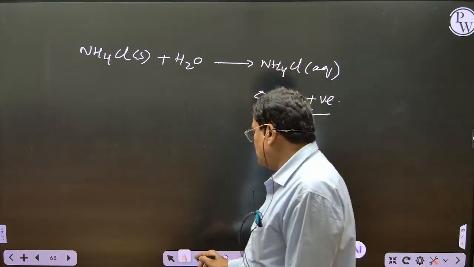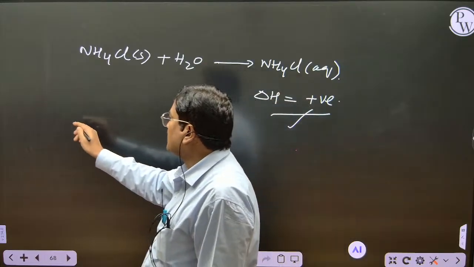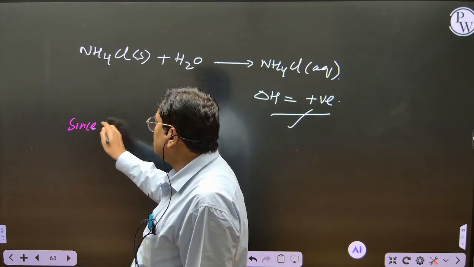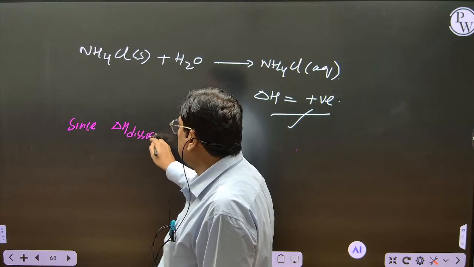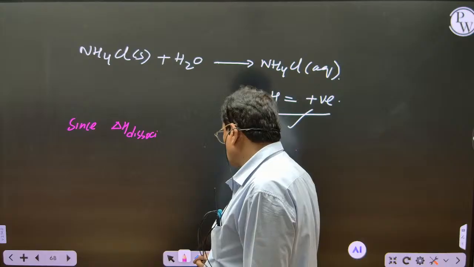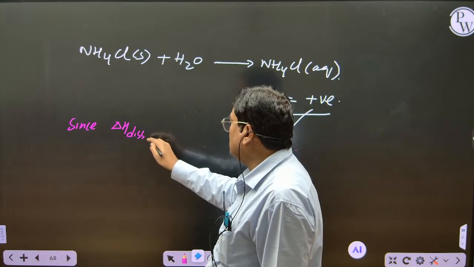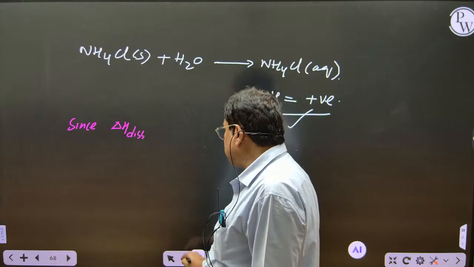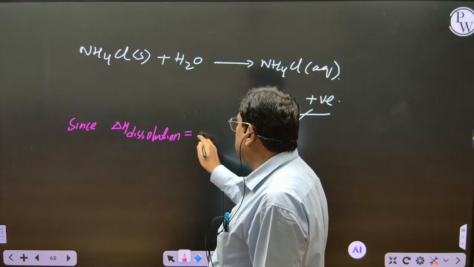So here make a note. Since the dissolution, since delta H, what is delta H? Enthalpy of dissolution is what process? Is it endothermic or exo? Since the dissolution of this substance is exo or endo, students? Enthalpy of dissolution is positive.